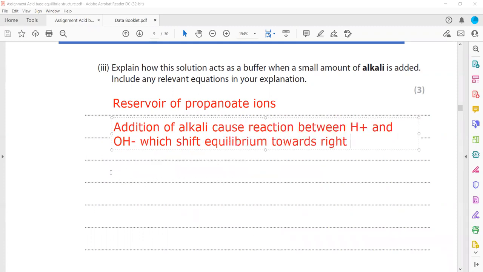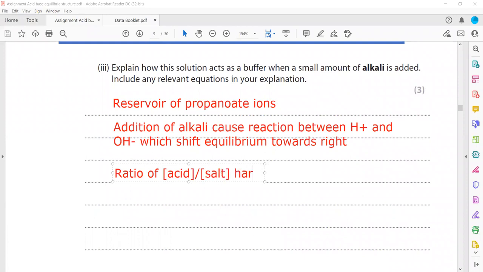But as a result, what happened? The ratio of the concentration of acid to the concentration of salt hardly changes. So the amount of H plus ions remains constant, and as the amount of H plus ions remains constant, the pH won't change.